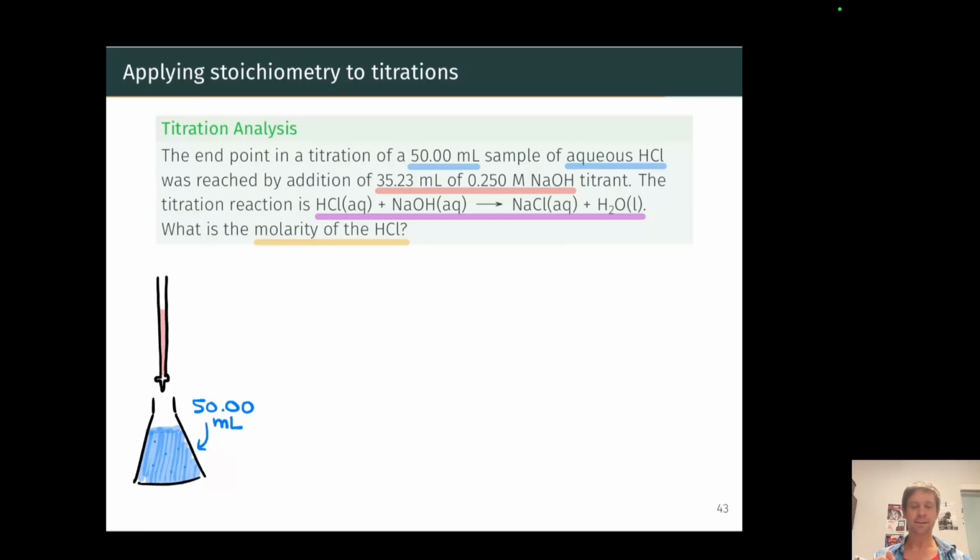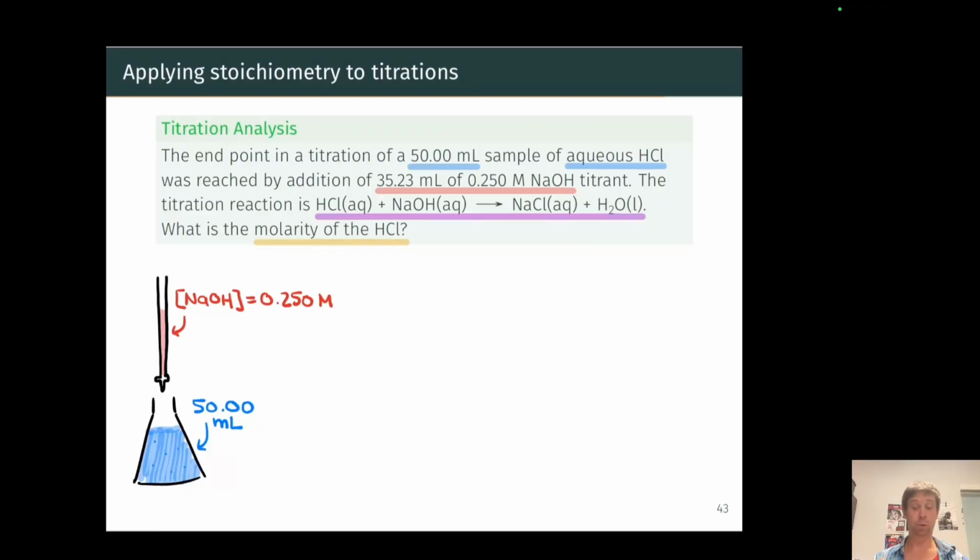In the burette, we have a solution of sodium hydroxide, or NaOH, and the problem tells us here that the molarity of NaOH in there, which we would represent as [NaOH] in square brackets, is 0.250 moles per liter.